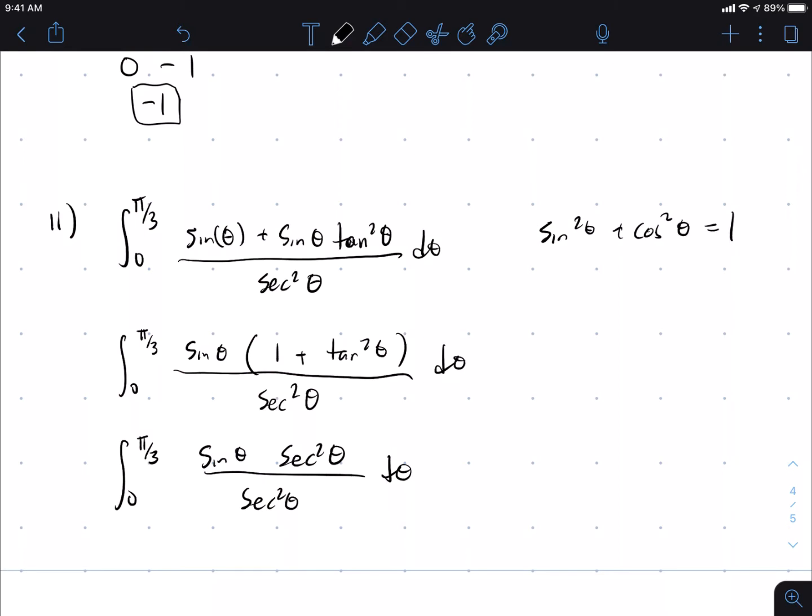It's the only one that I know. Okay? So I'm going to show you something. I need tangent squared, correct? And what's tangent? Tangent is what over what? Sine over cosine. So I'm going to divide everything by cosine squared because I know that's going to give me tangent.